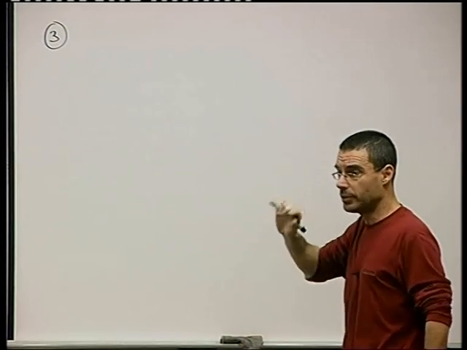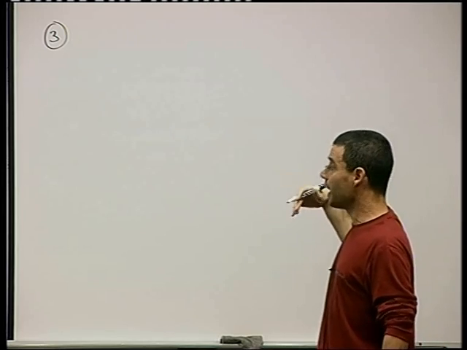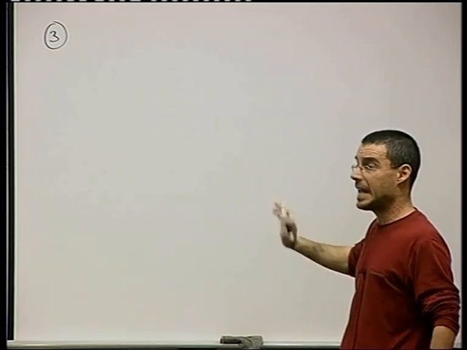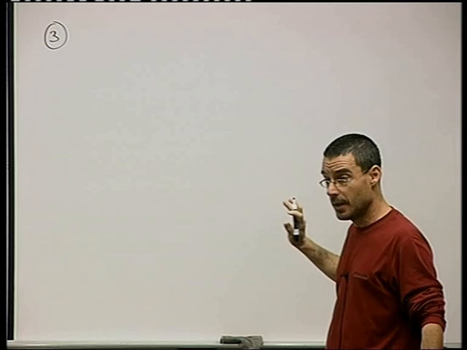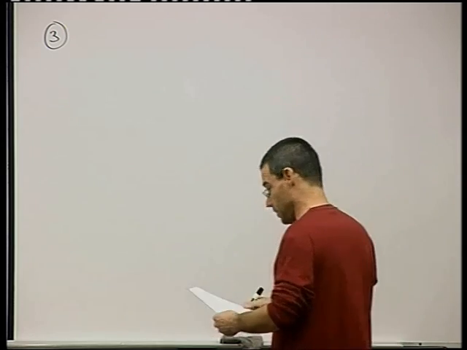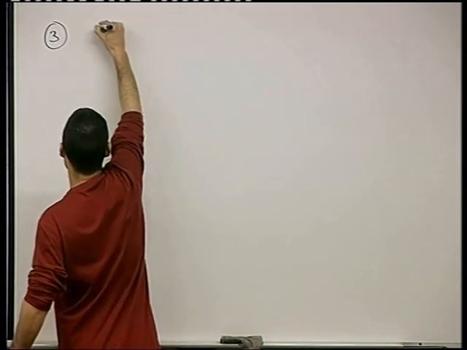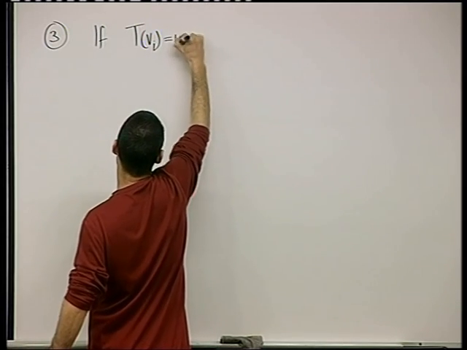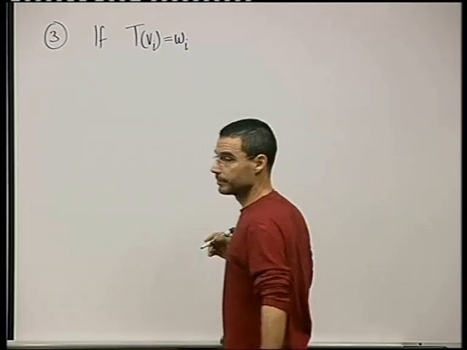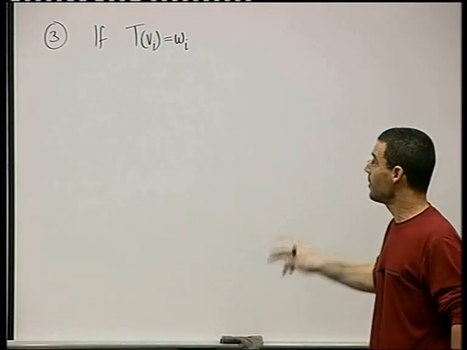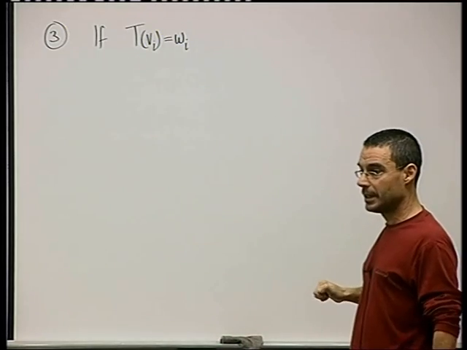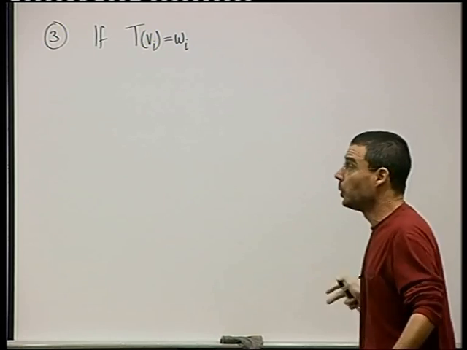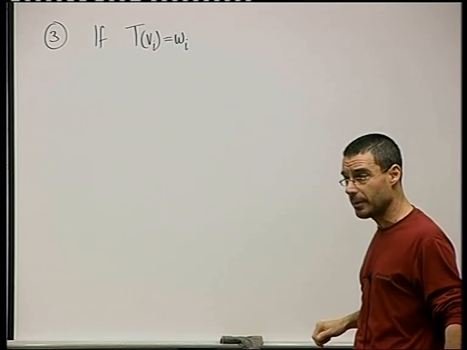And this is not under the assumptions of part 2. Part 2 started with the word if. We're again not assuming that A is a basis for W. Okay, we're back to the general situation. So if T of Vi equals Wi, we're assuming that we have a map that does that. We want to show that it can only be the map from the theorem.